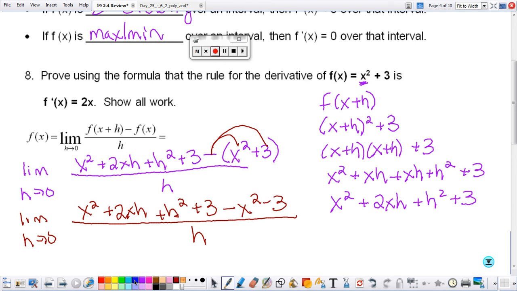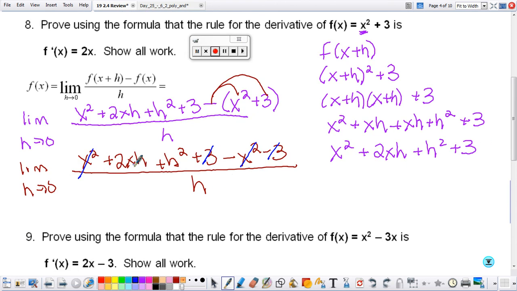And what I need to happen is that every term without an h should subtract to 0. So x squared minus x squared is 0, 3 minus 3 is 0, and I'm left with these two terms that have an h, so I have 2xh, this is what I'm left with.